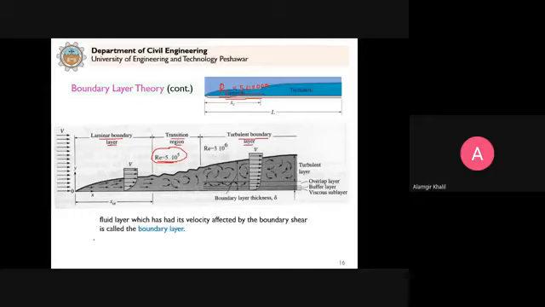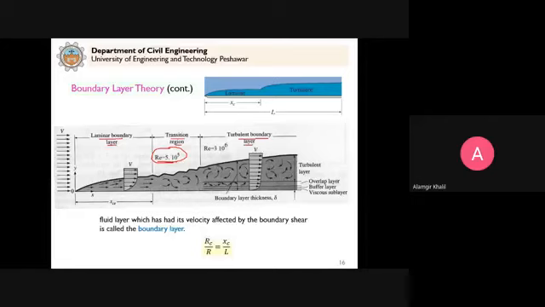In this case, we can calculate this critical distance at which the boundary layer will change from laminar to transition, or we can say turbulent. How can we do it?